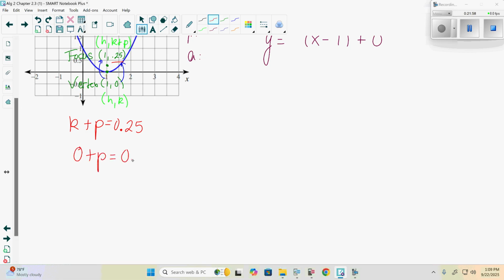So we're saying 0 plus whatever P is equal to 0.25, yes? What's 0 plus P? 0 plus P is just P, isn't it? Because with 0 plus P, we didn't add anything to P, it's just P, so P is 0.25.